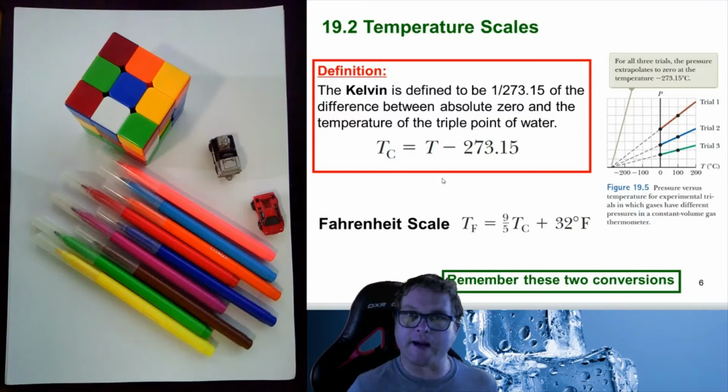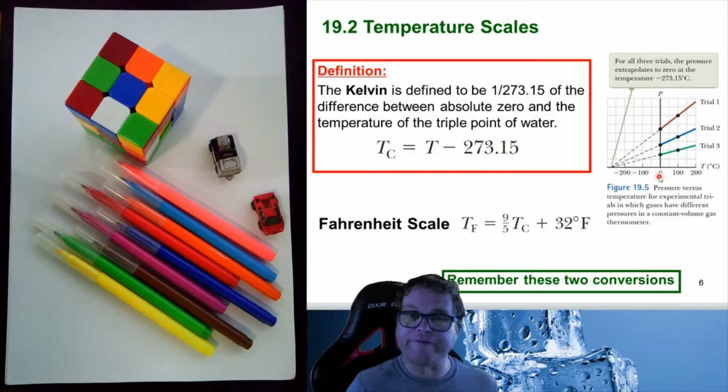How this came about is people did experiments where they had different gases in containers. Maybe they had three gases: in one container they had oxygen, in another nitrogen, and in another hydrogen. They cooled these gases and measured the pressure.